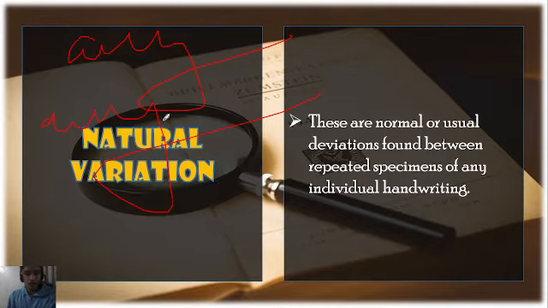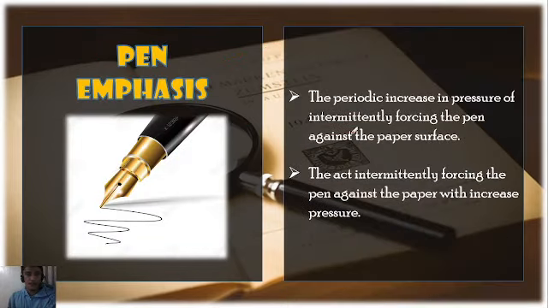So anyway, natural variation could be in the slant, position, those could be one of the normal or usual deviations found in repeated specimens or repeated handwritings. And pen emphasis.